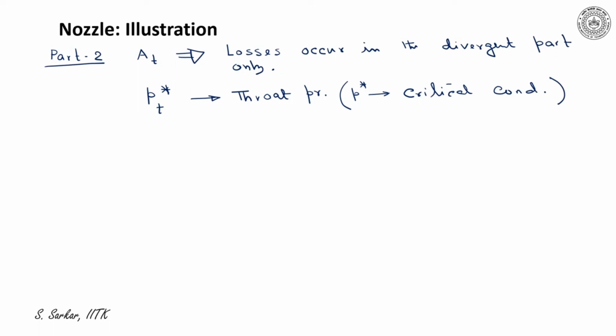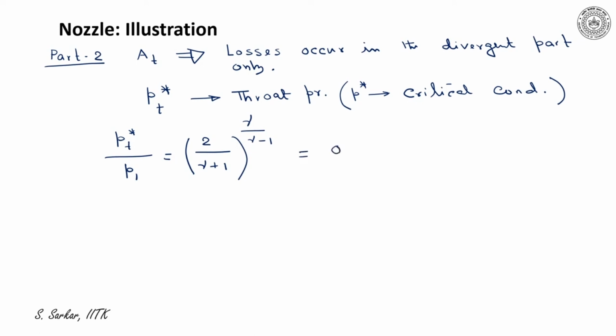I know the relation that PT star divided by P1 is equal to twice divided by gamma plus 1 to the power gamma by gamma minus 1. I know the value of gamma, so I can evaluate the ratio here.